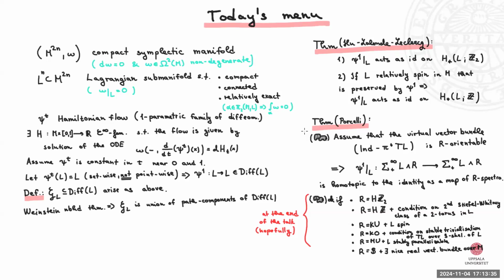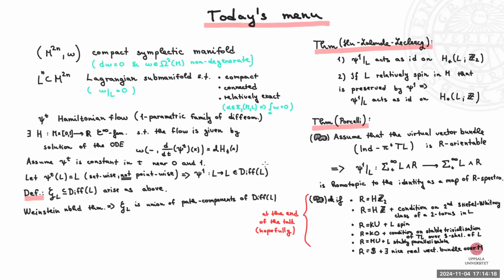Okay, another important notion for today is the Hamiltonian flow. What that is, is a one-parametric family of diffeomorphisms of the symplectic manifold M that is generated in the following way. There exists a Hamiltonian, which is a one-parametric family of smooth functions on your symplectic manifold, parametrized by an interval, so that the flow, the one-parametric family of diffeomorphisms, is given by the solution of this ODE that I wrote down.